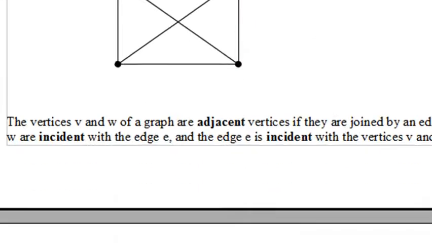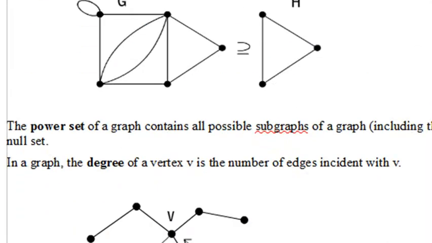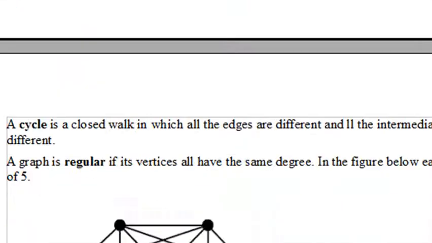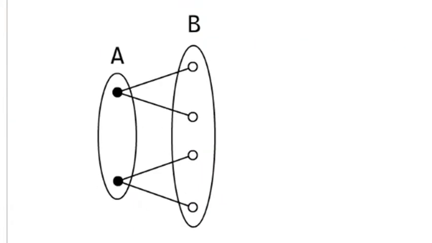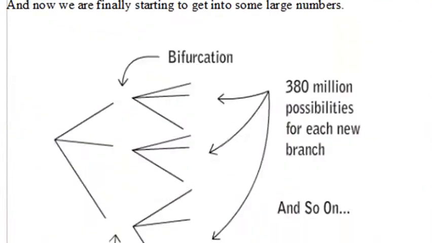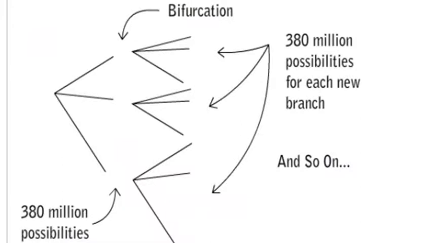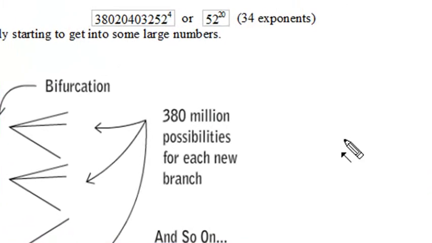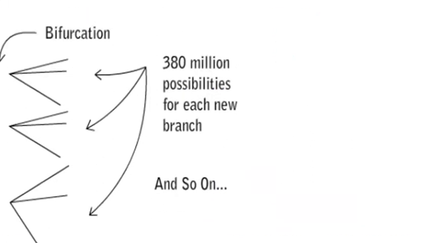You keep moving on down and you talk about graph theory and subgraphs and bipartite graphs. All of that is explained in detail in the book, and then corollaries, and then we talk about developing these 20 dimensions. Look at how big 20 dimensions is. Now we're starting to get into the numbers, because you have 34 exponents here in the 20 dimensions, and that's exactly where you want to start going, so you can get high into the surf range.